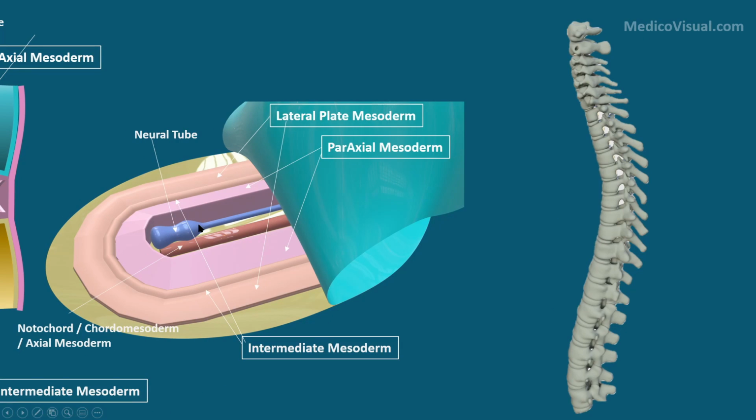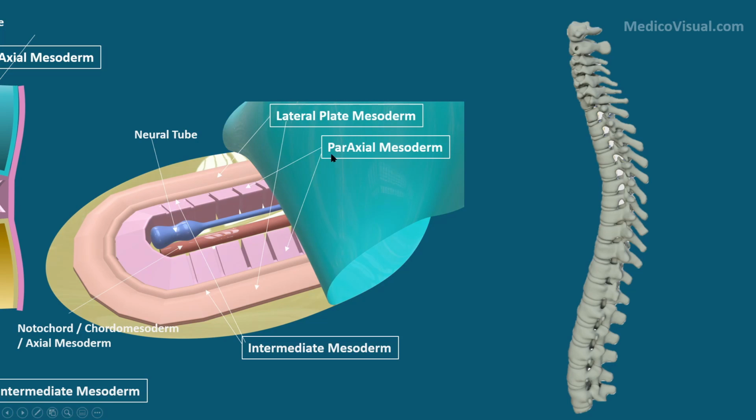As the neural tube begins to form, the paraxial mesoderm takes up the important task of protecting the neural tube or future spinal cord. How do they do so? As you know, the vertebral column is a segmented structure, so paraxial mesoderm also becomes segmented, and as it becomes segmented it will then form the vertebral column along with the associated muscle as well as the skin of that area.